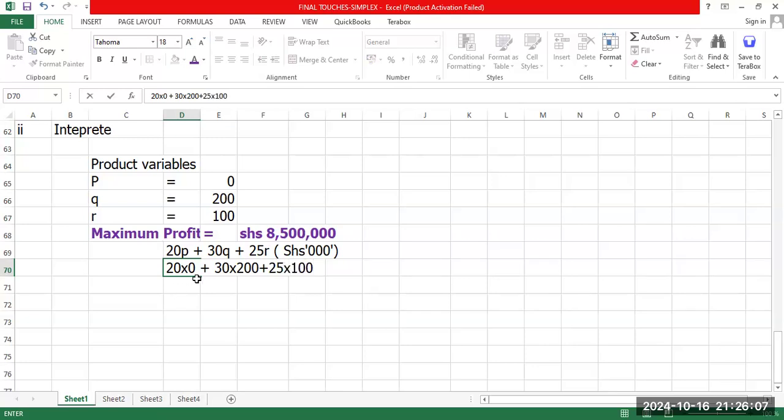And see whether you are actually getting 8.5. Remember, the figures are in 1,000. Use your calculator to see whether you're getting 8.5. Someone to confirm? Yes, it's 8.5.